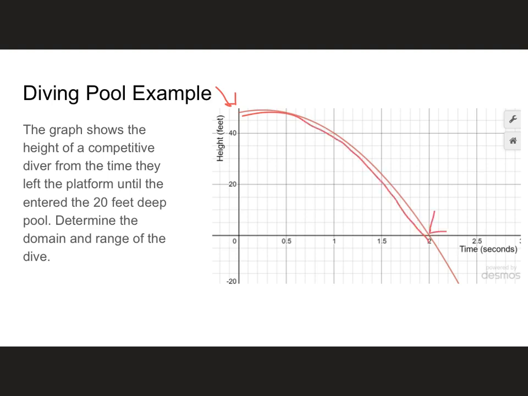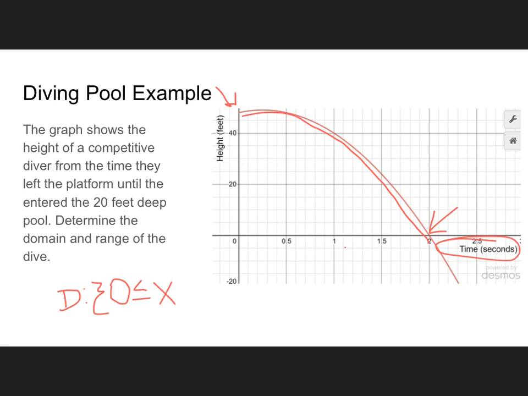This would be the point where they enter the water. So this one has some restrictions because we're dealing with a real life example. Here, our domain would not be all real numbers. Since x is time, we can't have a negative value of time, so we would say that this function does not start until 0. So we would say 0 is less than or equal to x.